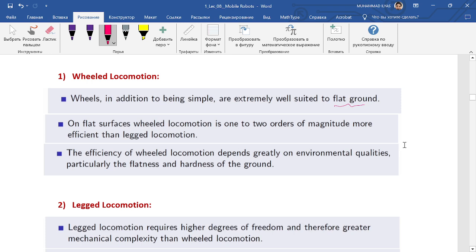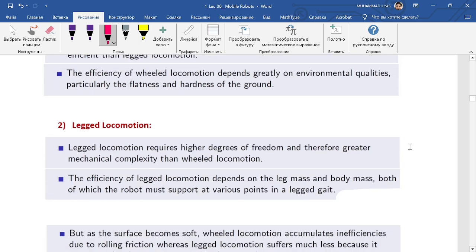But legged locomotion will not be efficient on the road. Legged locomotion is more efficient on uneven surfaces, for example a rugged uneven surface where our wheels cannot roll.